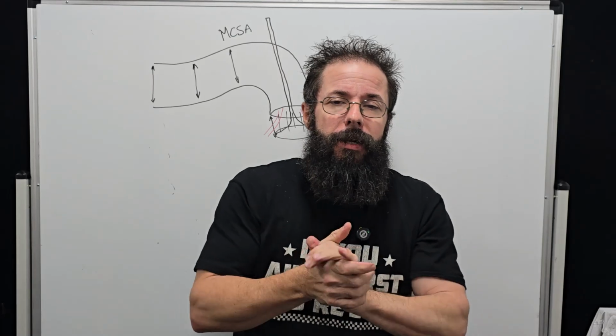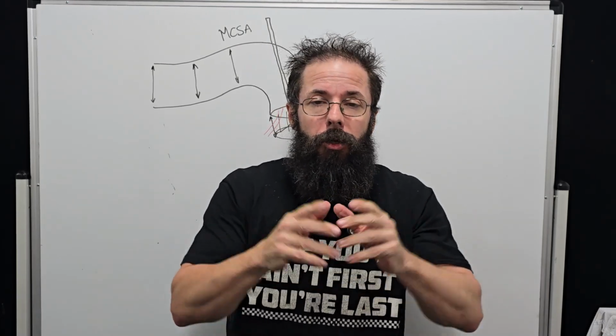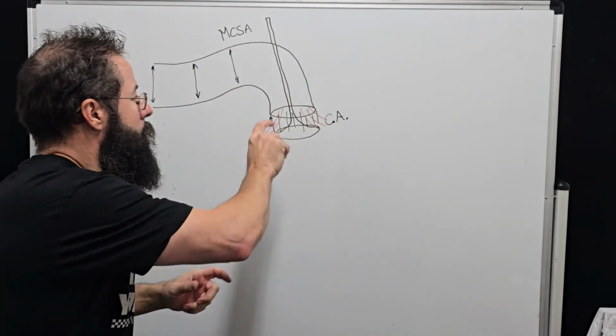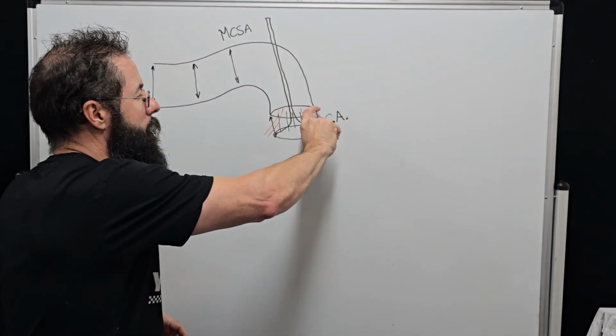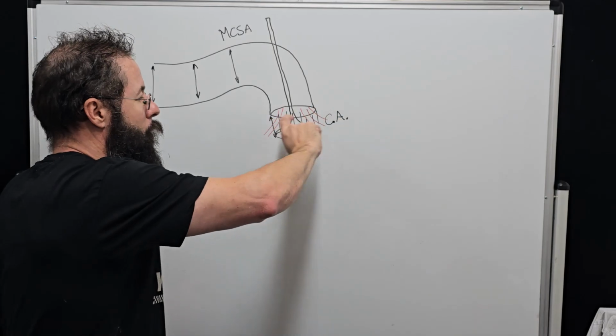But basically, the saturation point, or the point of saturation, is the point at which the curtain area, so this area here, which obviously gets bigger as the valve lifts, that's what we call the curtain area.